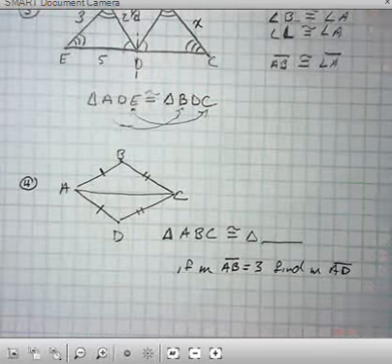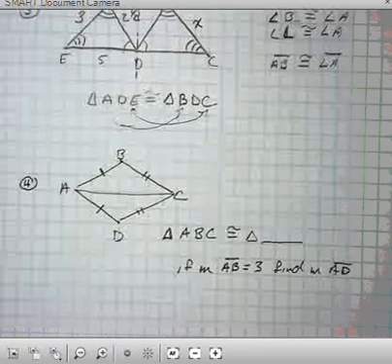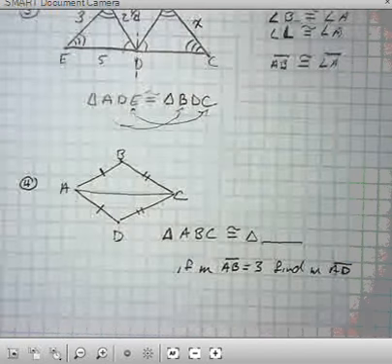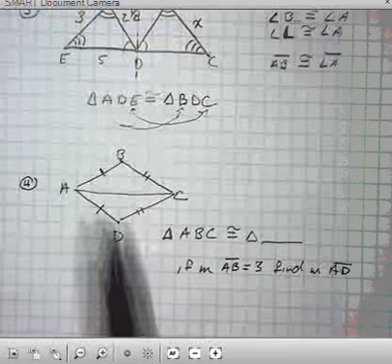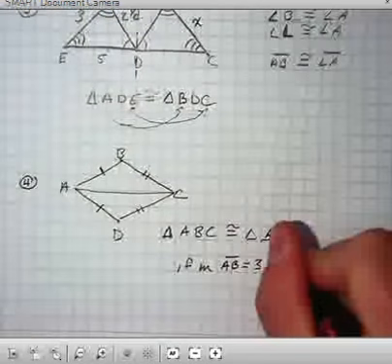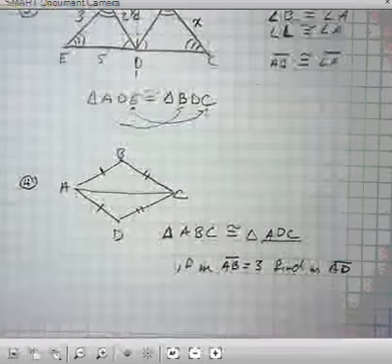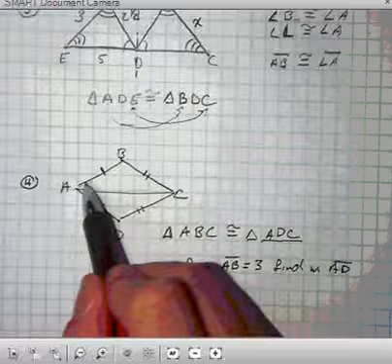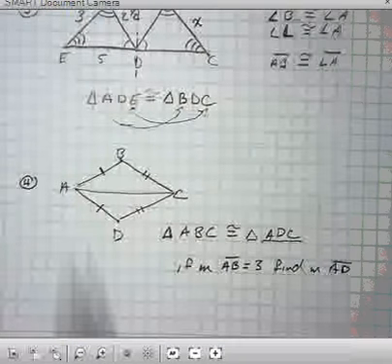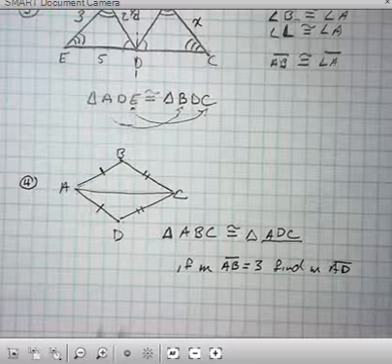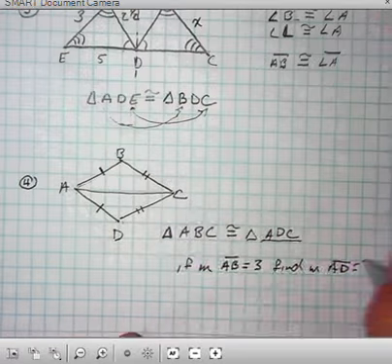So what is the congruent triangle to ABC? Brian? It is ADC. And if AB is 3, then what does AD have to be? Sammy? Yeah, it also has 3.